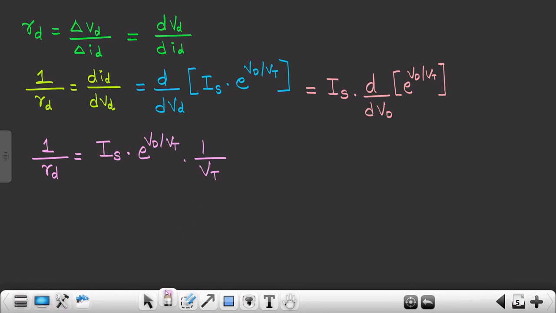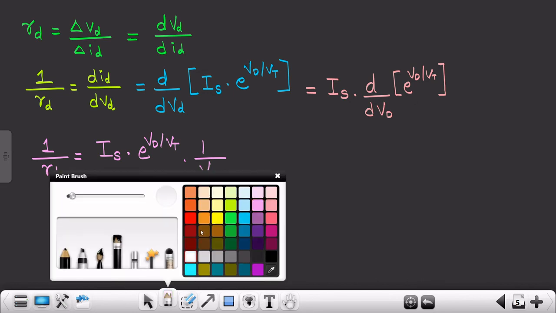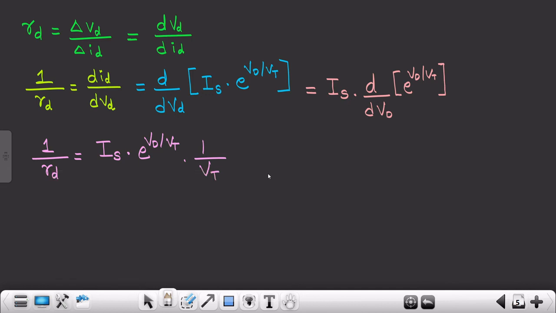I will not tell you how to solve this, because this is very basic mathematics. Thus my 1 by rd is equivalent to Is into e raised to vd by vt divided by vt.